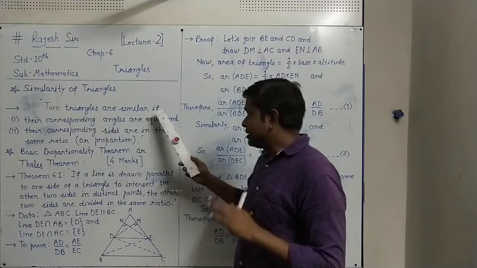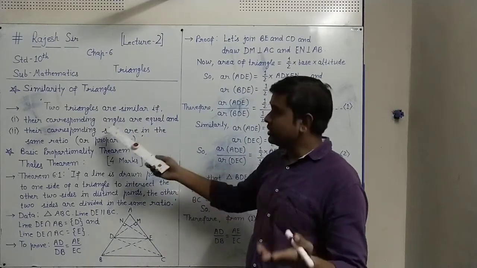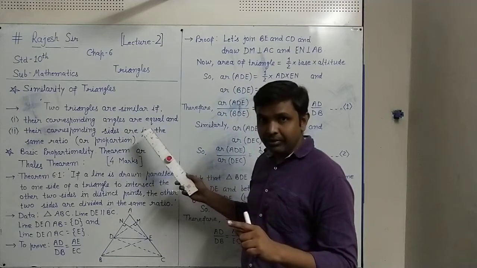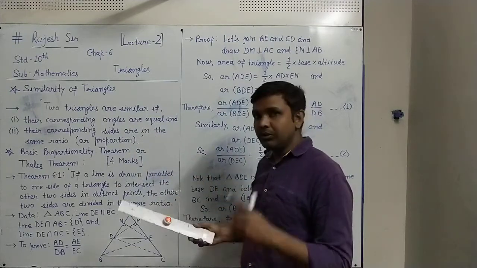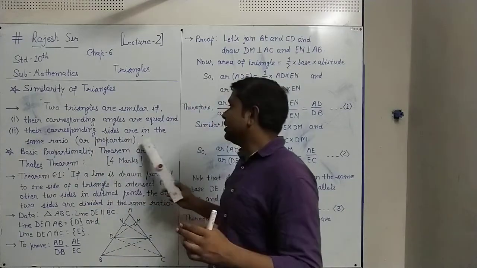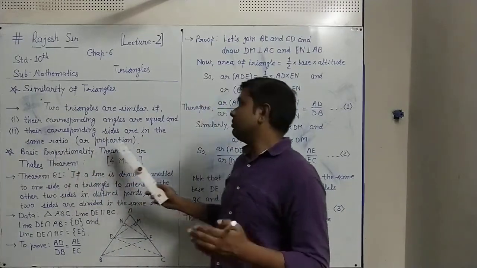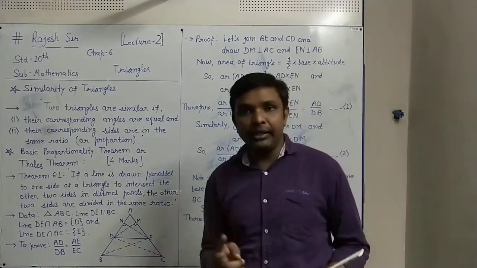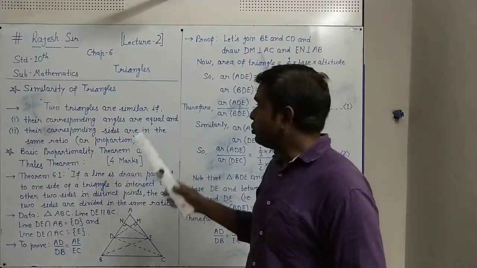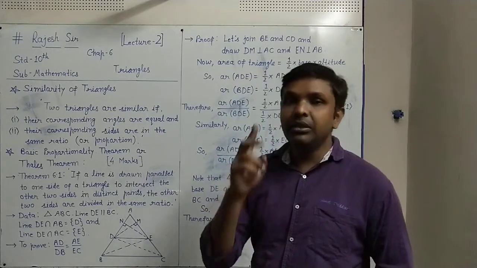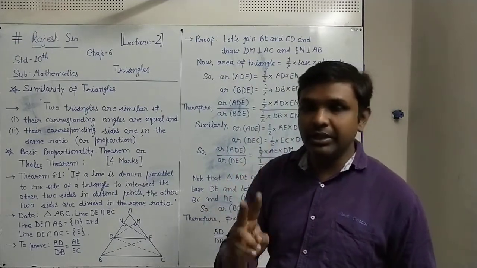Two triangles are similar if the same conditions hold: first, their corresponding angles are equal, and second, their corresponding sides are in the same ratio or proportion. If these two hold in two triangles, then the triangles are called similar.